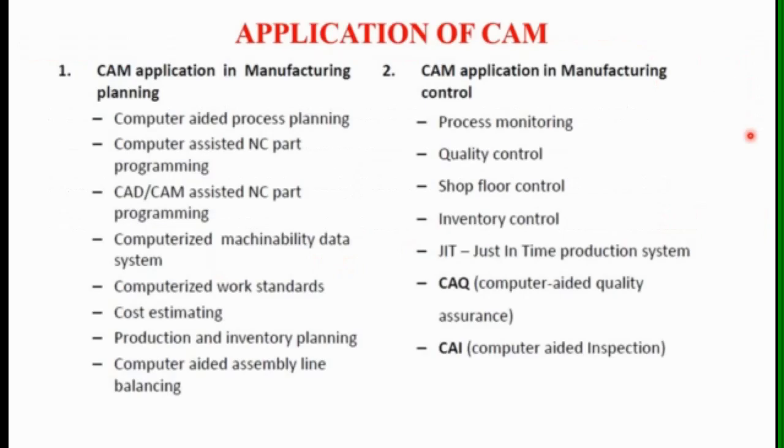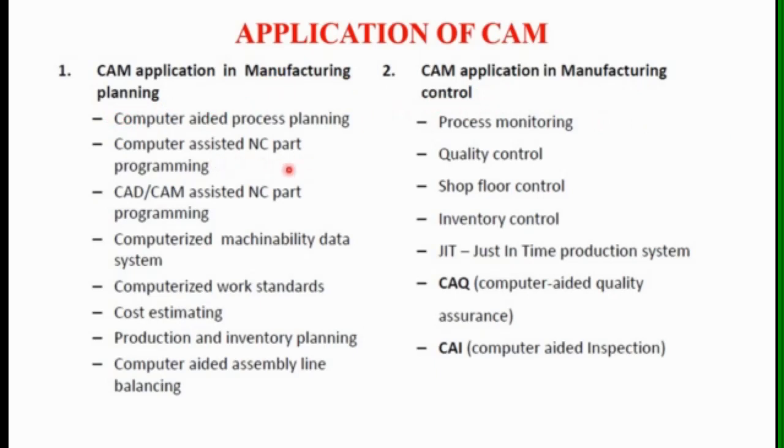Now we will see the application of CAM. Basically, computer aided manufacturing is used in two phases in the manufacturing industry. First one is manufacturing planning, and second one is manufacturing control. In manufacturing planning, computers are used to plan, and computer aided process planning technology is used.